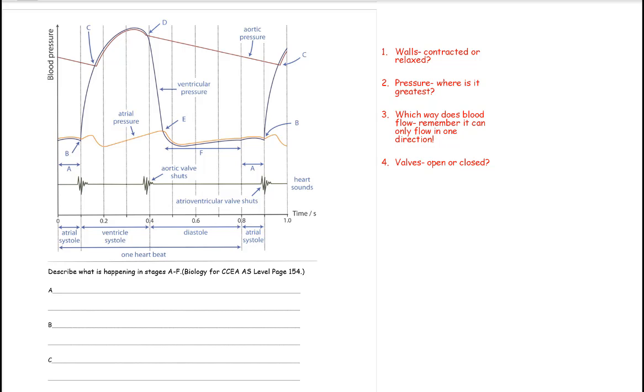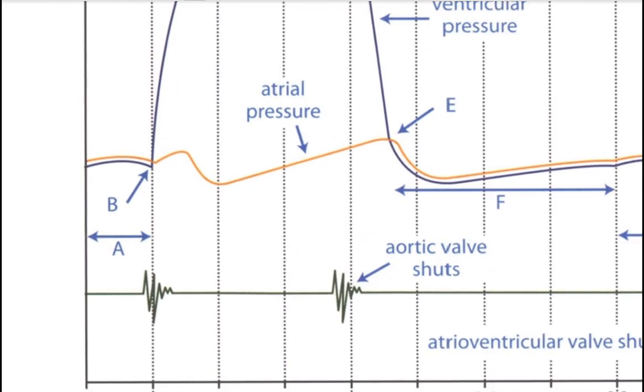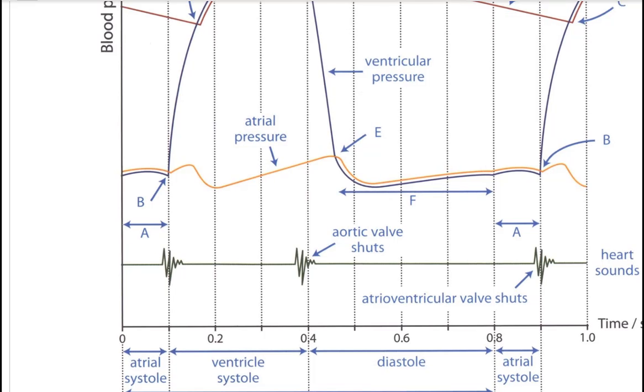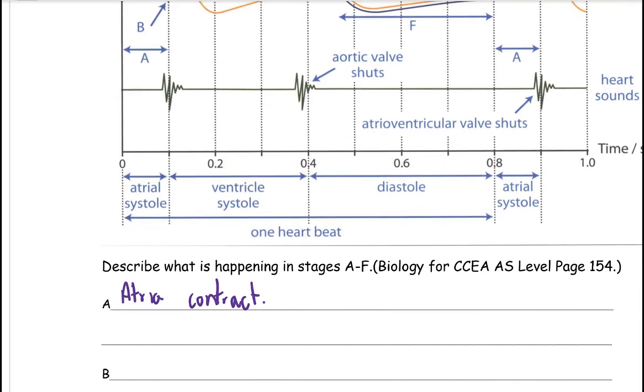So at A, describe what's happening. The atria contract. Because the atria are contracting, if you look closely here, the atrial pressure is the orangey line. So when the atria contract, the pressure in the atria is greater than the pressure in the ventricles.